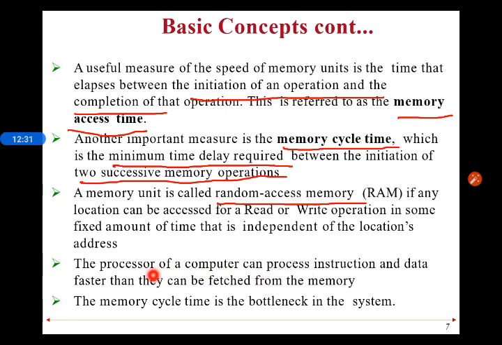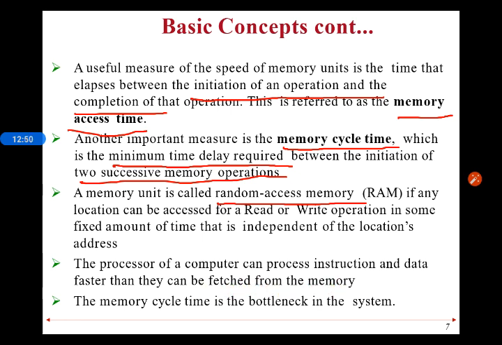So that actually creates a time gap between the processor and the memory. So how do we manage, or how do we fill that time gap? The memory cycle time is actually the bottleneck.